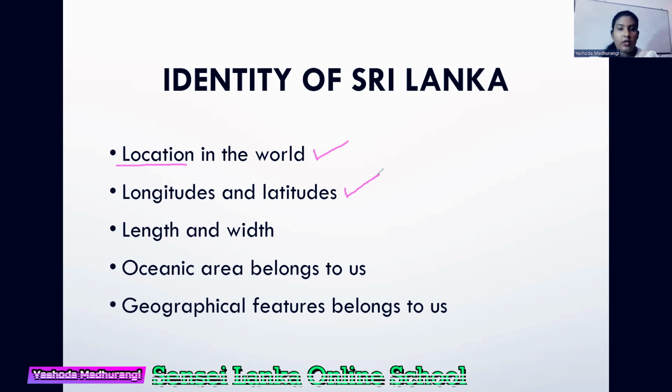So if you have not watched my unit number 1 videos, please go to the longitudes and latitudes lesson. There I explain what the longitudes are, what the latitudes are, how to draw them, and how to mark them correctly. So with that knowledge, you have to come to this lesson. Then only you can understand it easily.